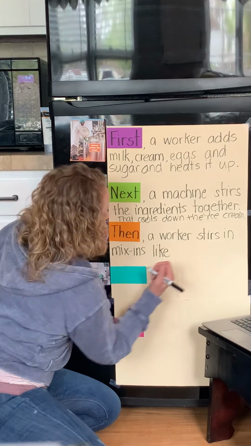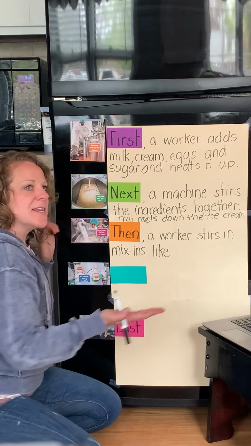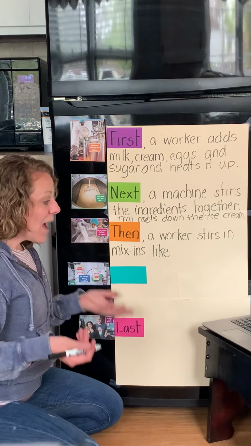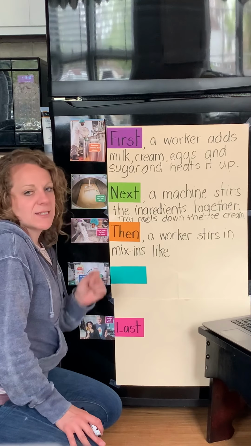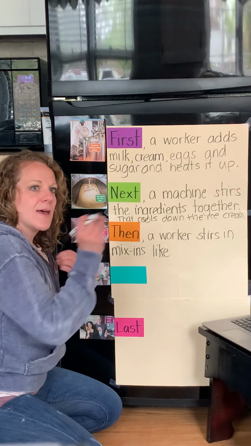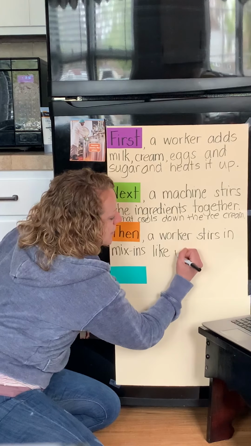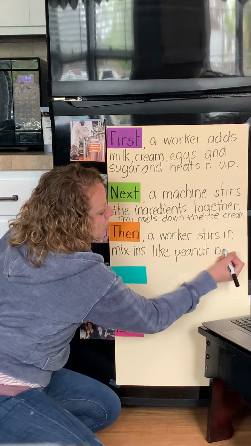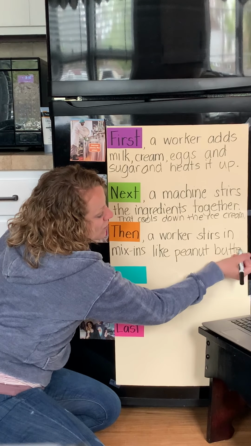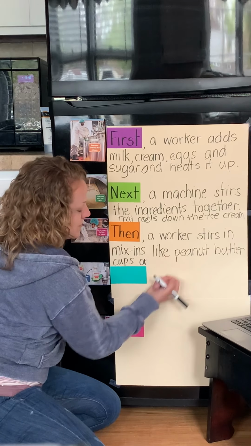So I will use the same because I have to use the information from the text. Now, if I said Oreos, that would be right, but I want to use the information from this text and they only say cookies. So we're not going to add extra to it. So then a worker stirs in mix-ins like peanut butter cups or cookies.